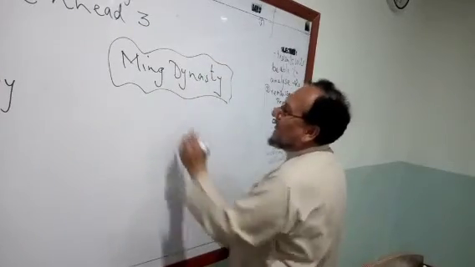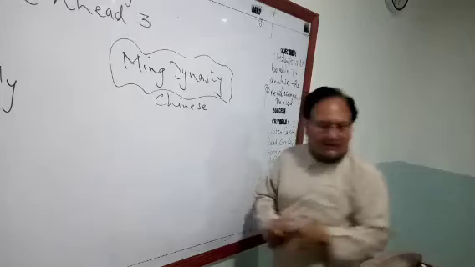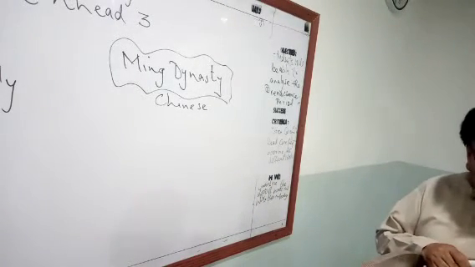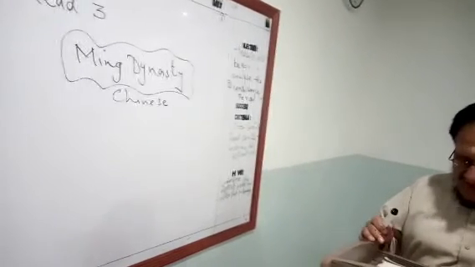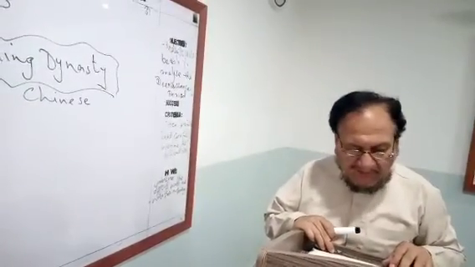Ming Dynasty is a Chinese family, and let's see. There is Emperor Hongwu's picture. You can open page number 17. On page number 17, you can see a picture of the Emperor Hongwu.